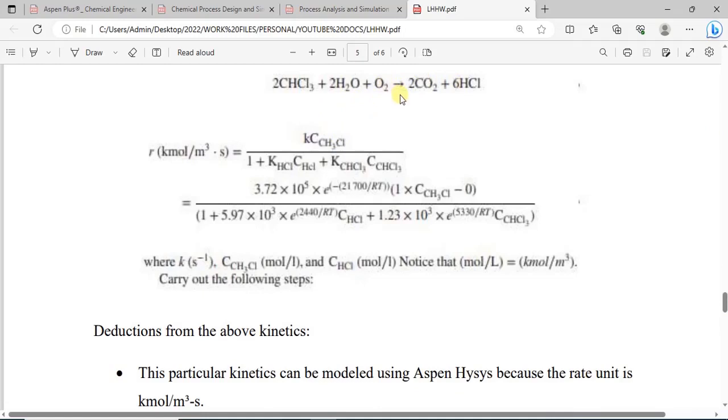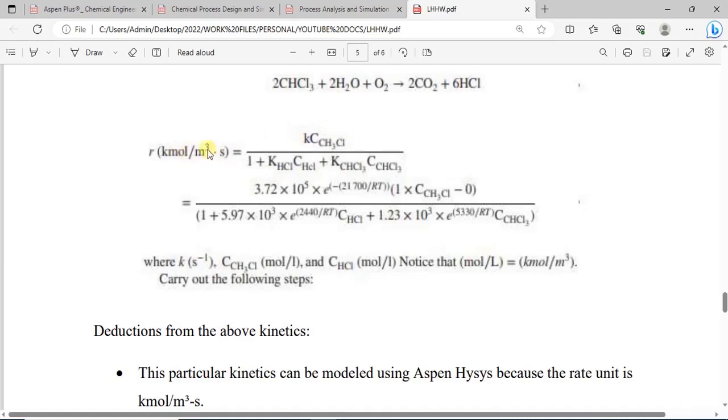So you only have the forward expression on the numerator, and then you have your denominator term. And for this one, the rate is based on reactor volume.